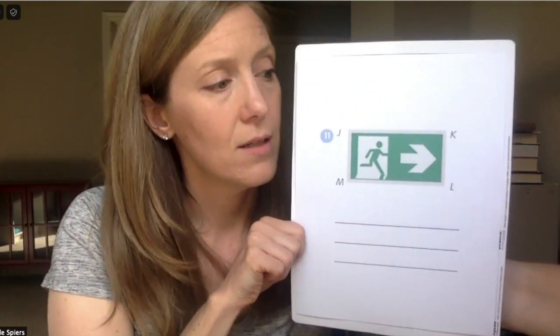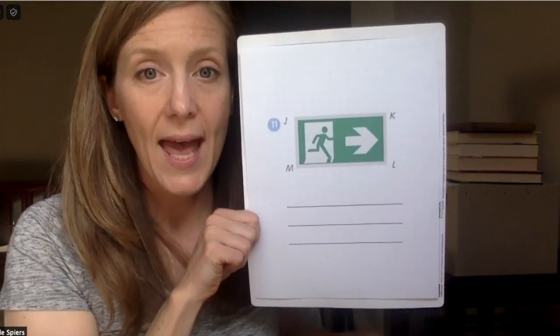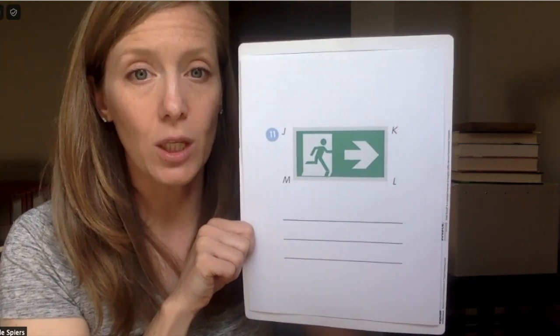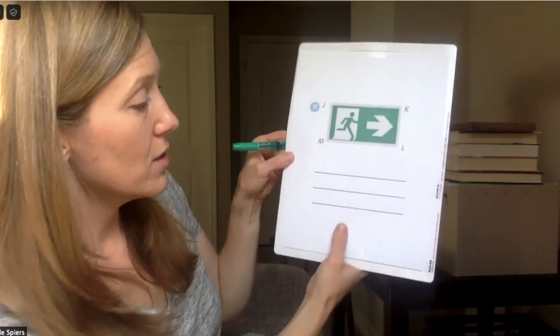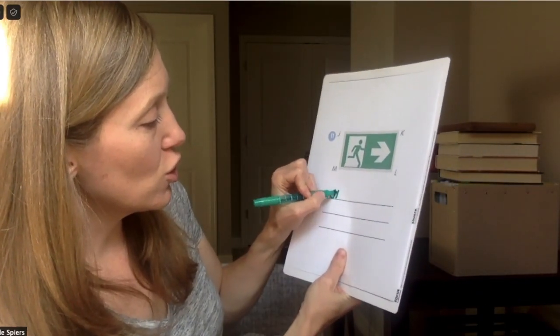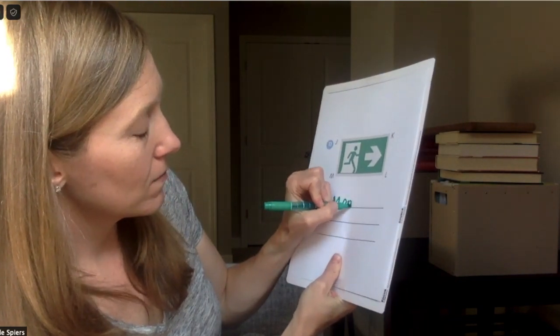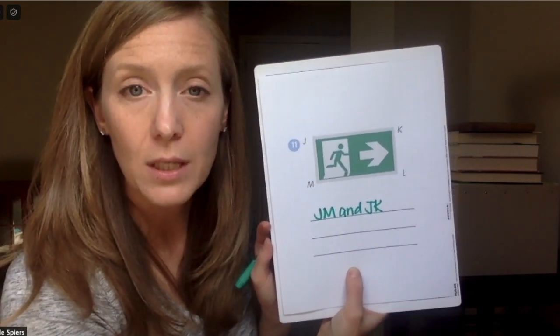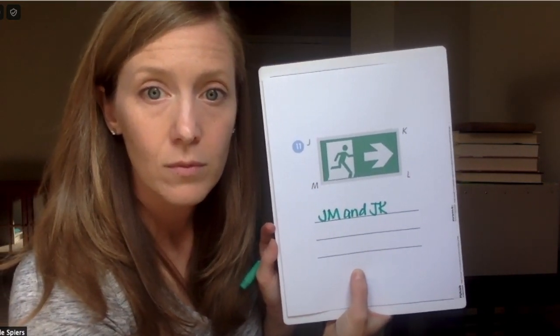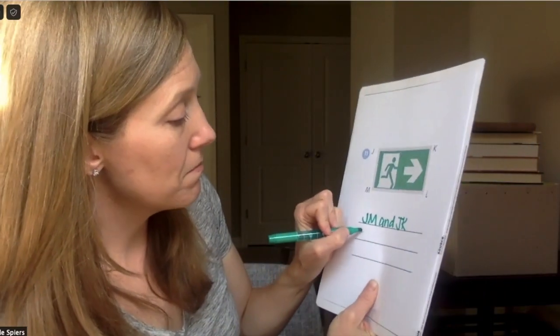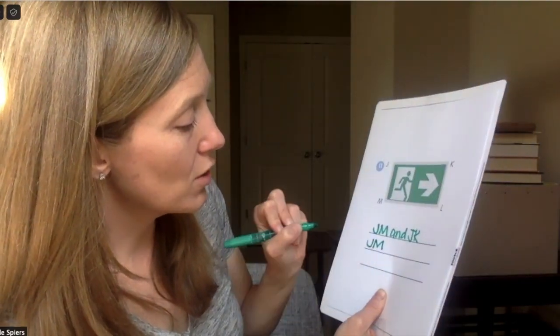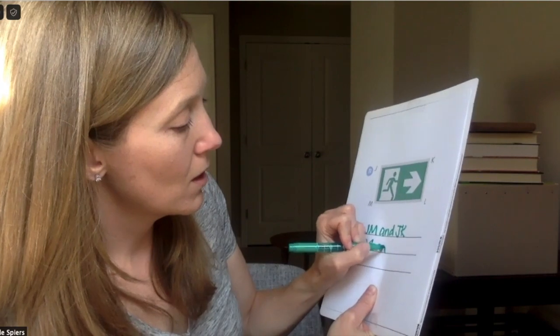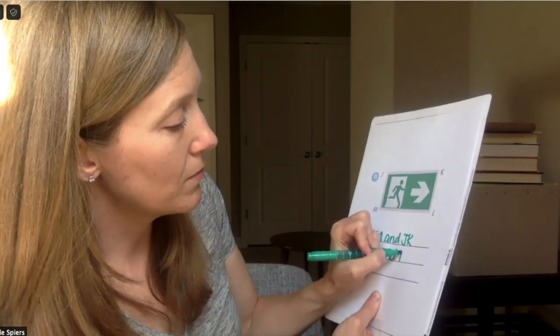So I would say that JM is perpendicular to JK. So JM and JK are perpendicular. What else are perpendicular? JM is also perpendicular to ML.